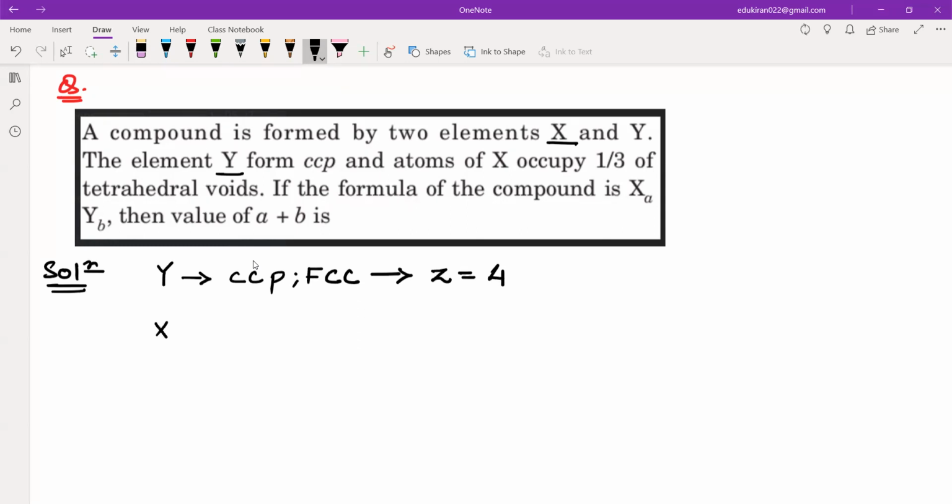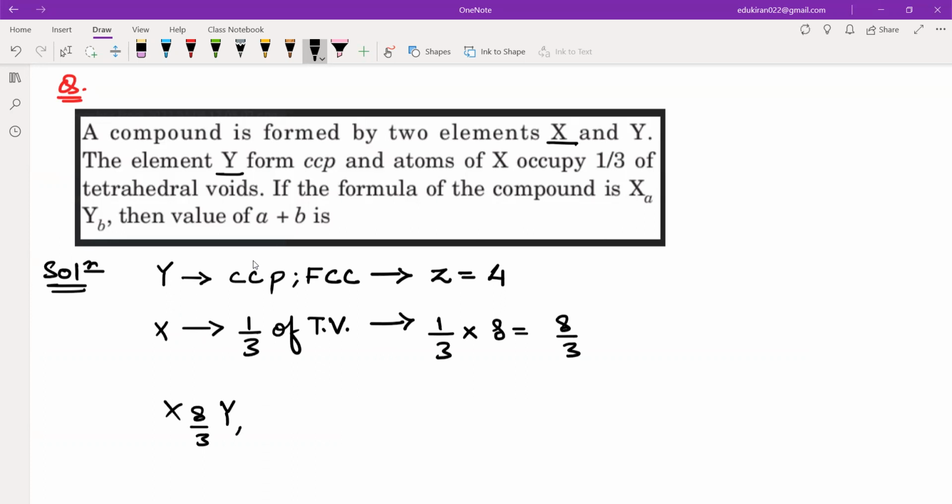Then we have X atoms, and these are present at 1/3 of tetrahedral voids. So 1/3 into how many tetrahedral voids are there in face centered cubic? 8. So this will be equal to 8/3. So we have X 8/3 and Y is 4.